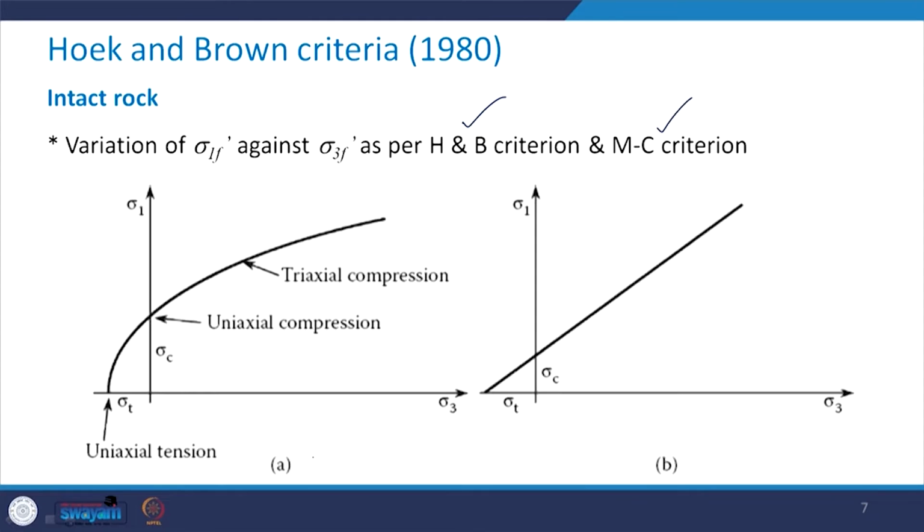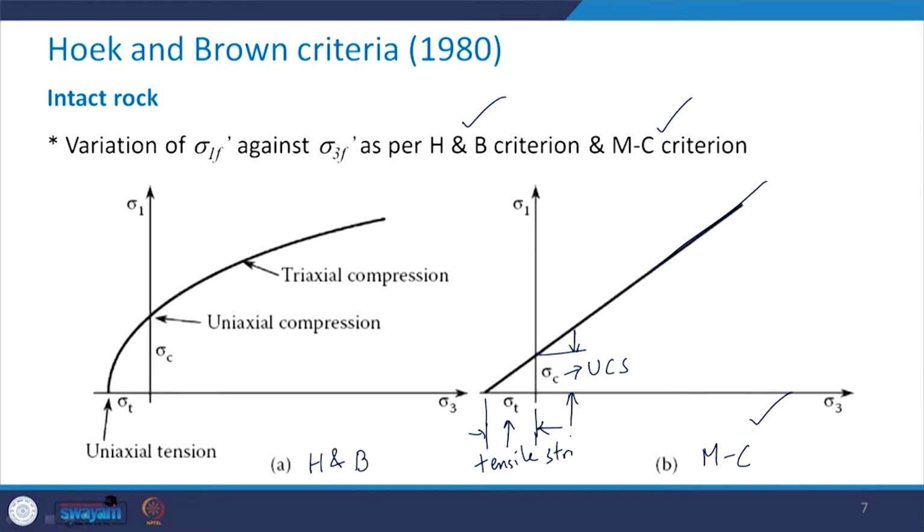The first plot, A, corresponds to Hoek and Brown criterion and B corresponds to Mohr Coulomb criterion. In Mohr Coulomb criterion, the relationship was a straight line where the intercept on the sigma 1 axis gave us the UCS, and the intercept on the x-axis gave us the tensile strength.